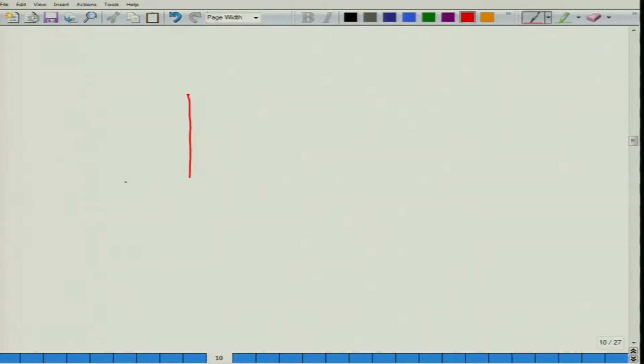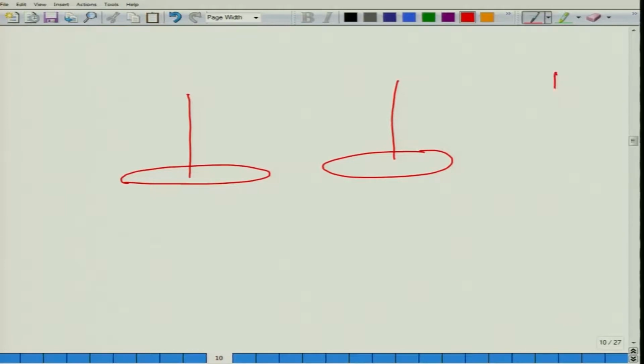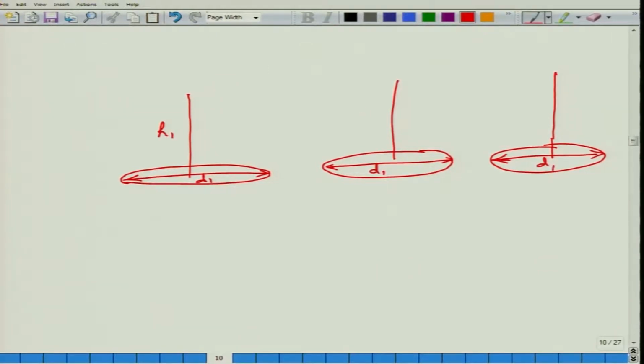So, suppose we have this base, so in all these 3 cases we have the same diameter d1 and the same height h1.